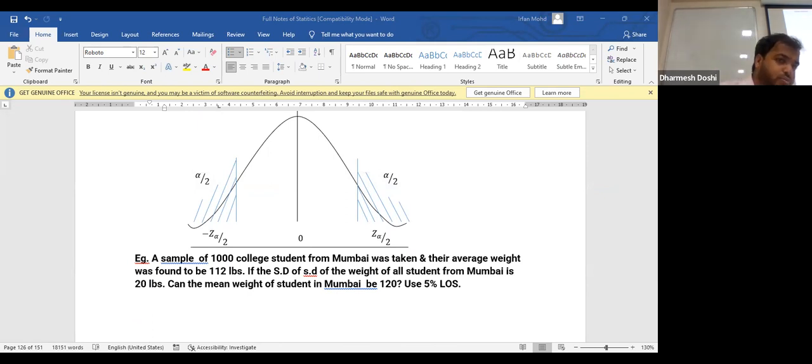Z-test is used, number 1, when sample size is more than 30. Second point, Z-test is used to compare mean.